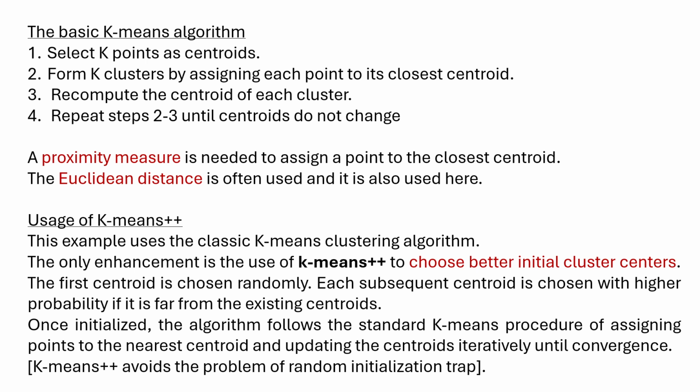Once initialized, the algorithm follows the standard k-means procedure of assigning points to the nearest centroid and updating the centroids iteratively until convergence. K-means plus plus avoids the problem of random initialization traps. You don't want different results just because of the initial random choice of centroids.